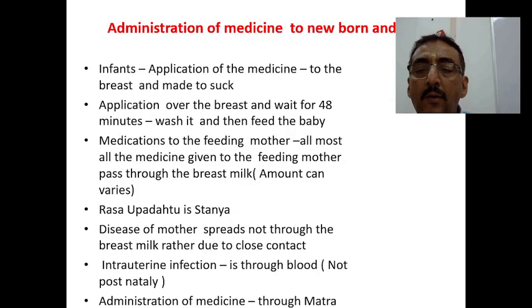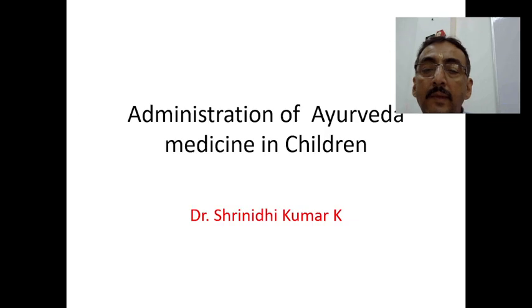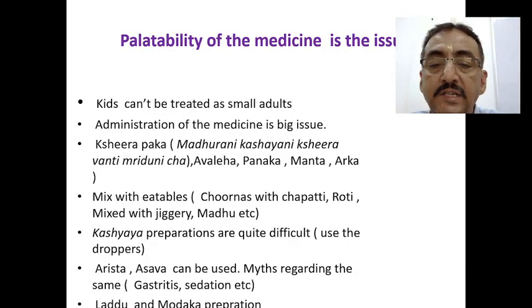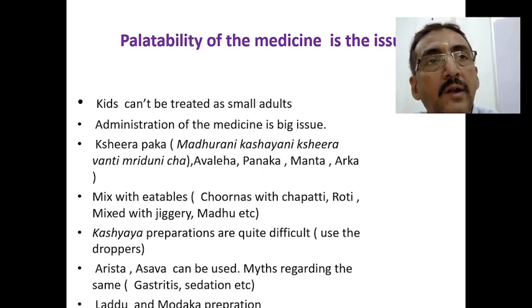Similarly, you can also prepare modaka and laddu preparations. The medicine can be used as modaka, and medicine can also be used in the form of laddu and given to the children.